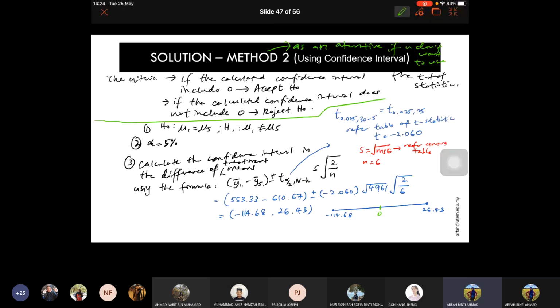Kita akan reject H0 if the calculated confidence interval does not include 0. Tapi saya kira confidence interval saya, the value that I get is negative 114.68 dan juga 26.43. So antara negatif dan positif mesti ada kosong dekat tengah-tengah dia. Somewhere in there. Adakah kita akan reject atau accept H0 in this case?